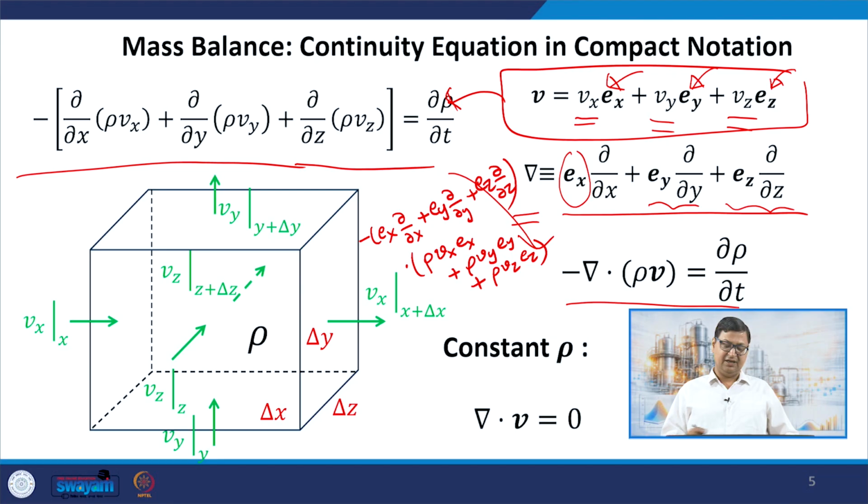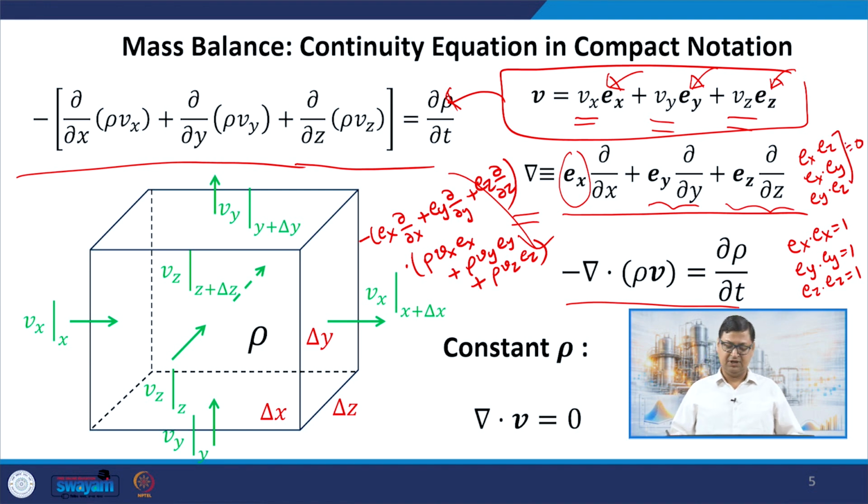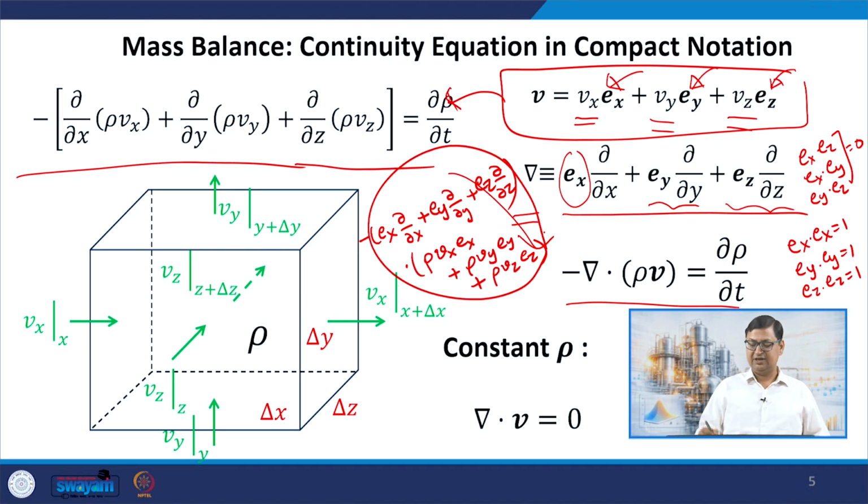And now you see Ex dot Ex is going to be equal to 1, Ey dot Ey is going to be equal to 1, and Ez dot Ez is also going to be equal to 1. But every other dot product, let us say Ex dot Ey or Ey dot Ez or Ex dot Ez, all of them are going to be 0. So now if I do the dot product, I essentially will get whatever I had earlier.